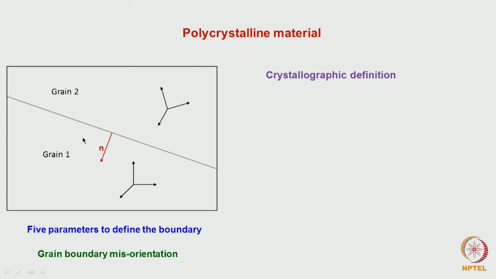But when we want to represent with respect to this plane normal, what we require is 2 parameters. Because any vector, if we represent it with respect to this coordinate system, we normally say the 3 angles have to be given, correct?